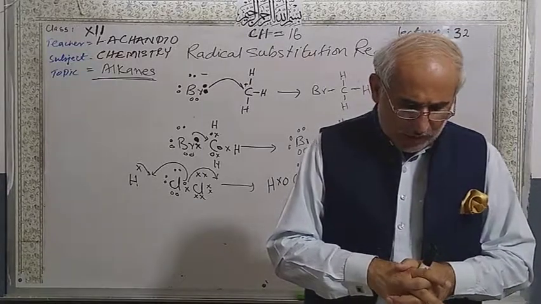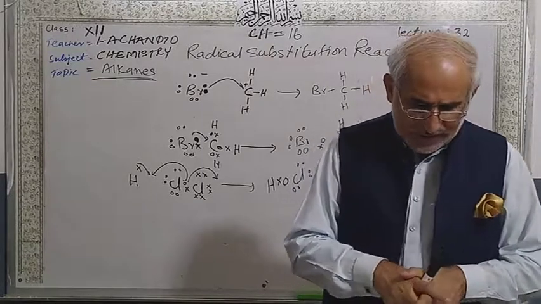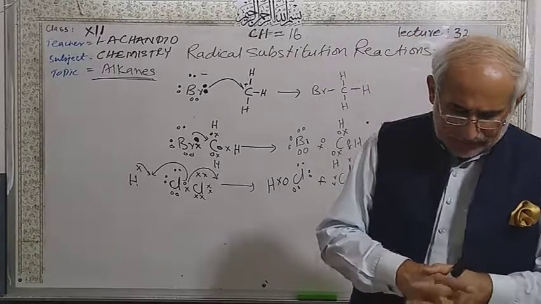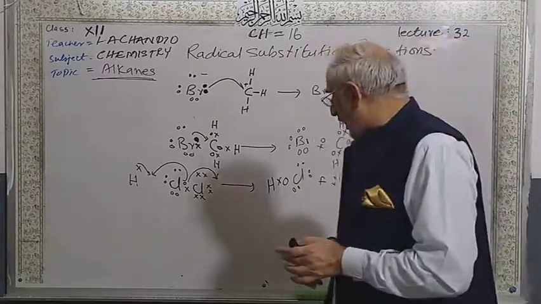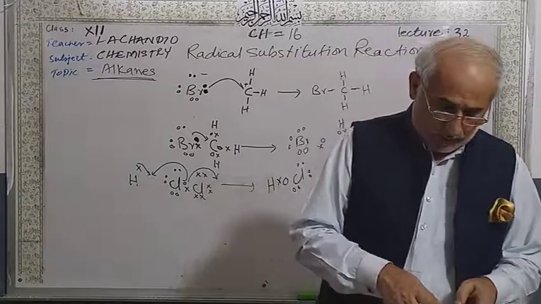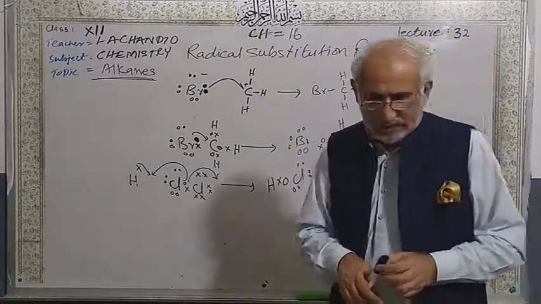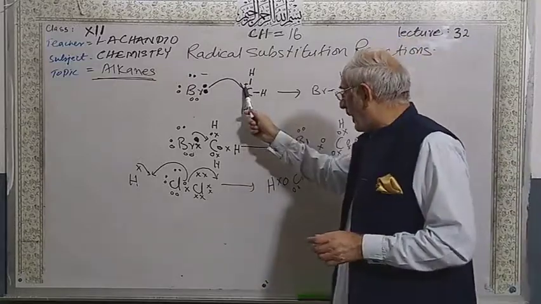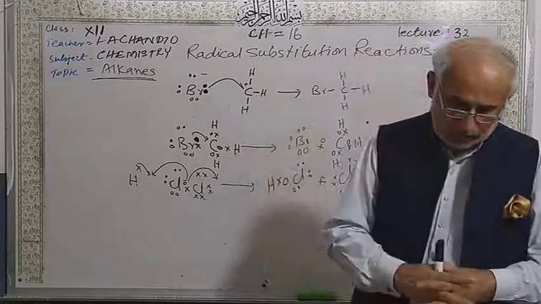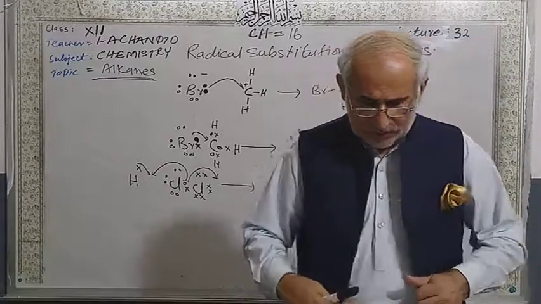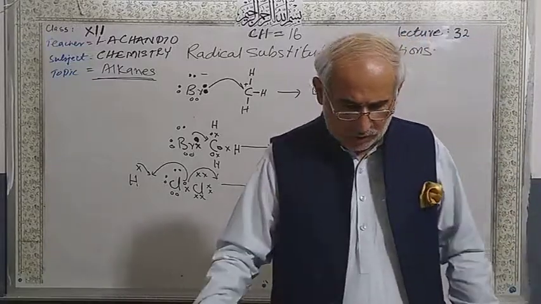A half arrow is used to show the movement of a single electron in reactions involving radicals, and the half arrow head shows where it ends and where it starts. This example is written in your book also.